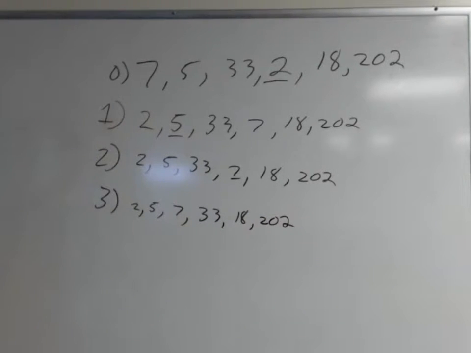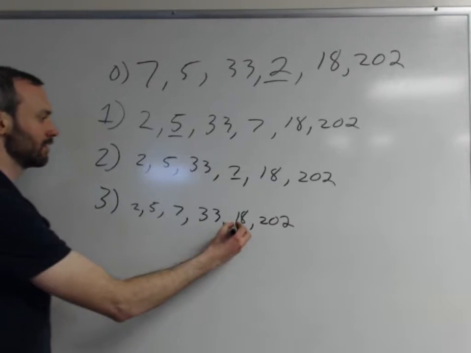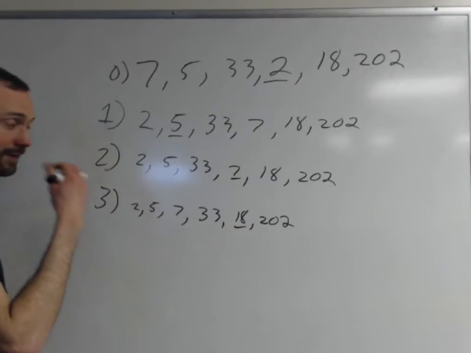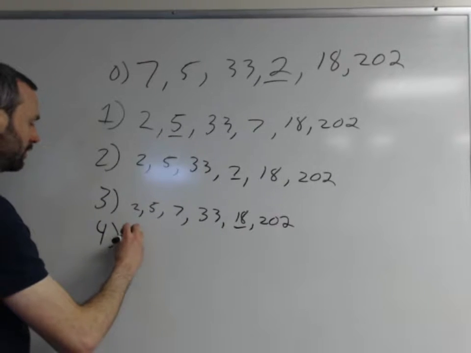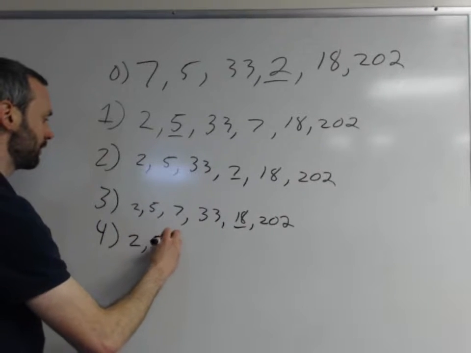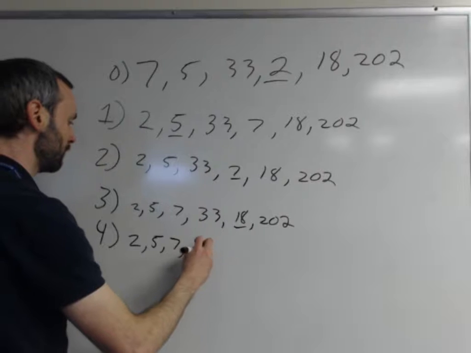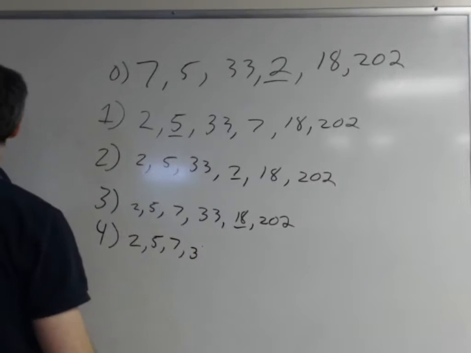All right. Now we're finding the minimum of what part? 33 and forward. And what's the minimum? 18. So what are we swapping? 33 and 18. All right.